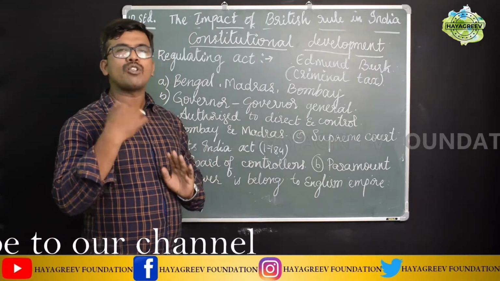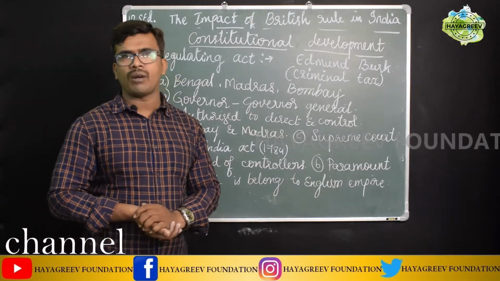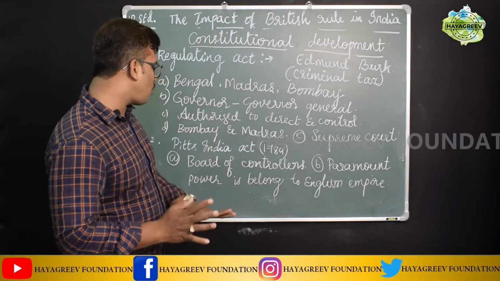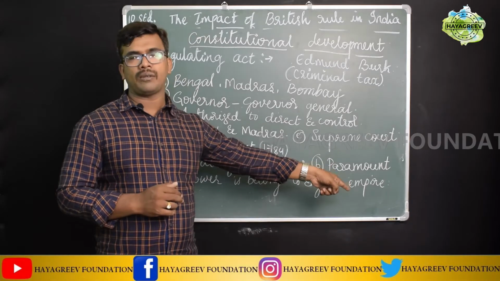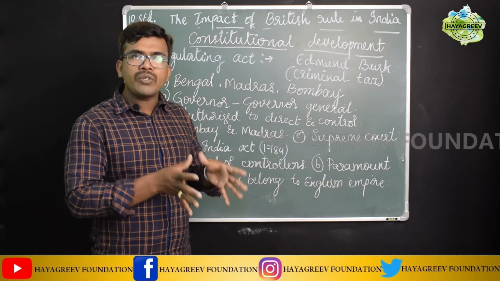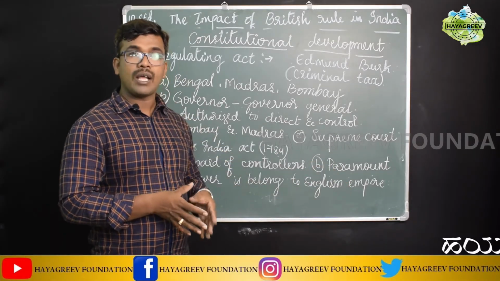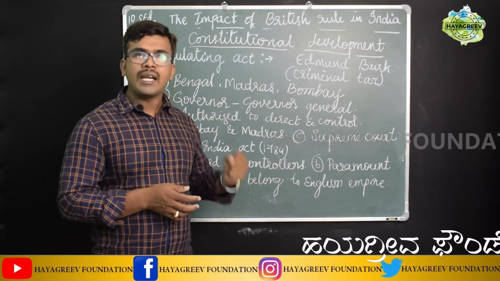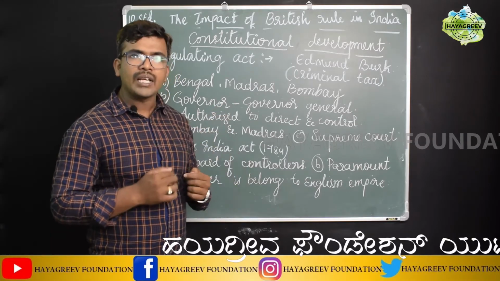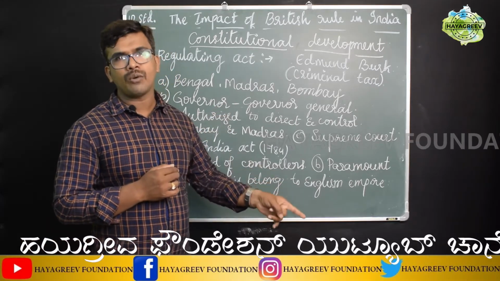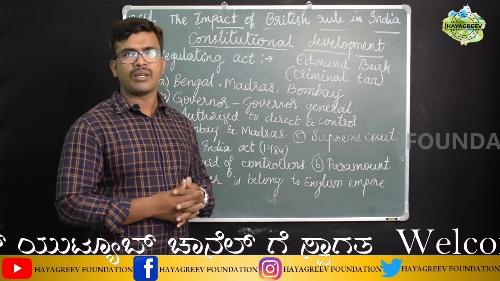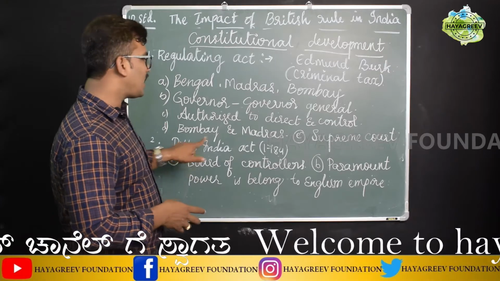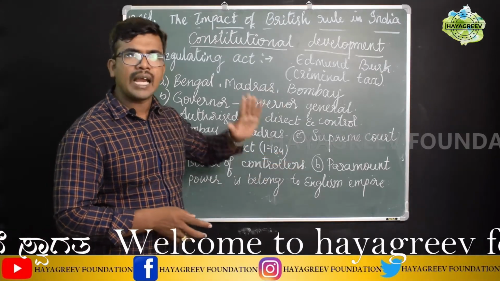One announcement was made by the British government: the paramount power of India belongs to the English Empire, because we are administrating in India. The sovereign power of India belongs to the English Empire, but it does not belong to Indians. Very clearly they announced this through Pitt's India Act of 1784.